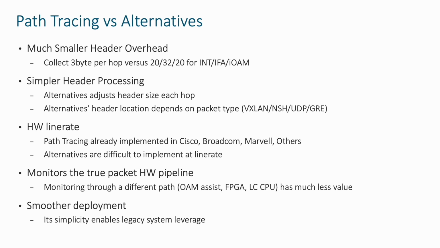And because of the data plane simplicity of path tracing, it can be supported at line rate across a wide range of ASICs. This is already proven by the current number of line rate implementations that we have shown. And finally, path tracing provides the most accurate data because it is implemented in the most basic hardware pipeline.